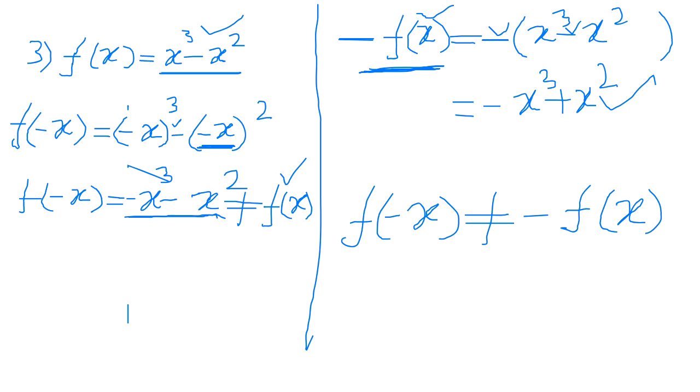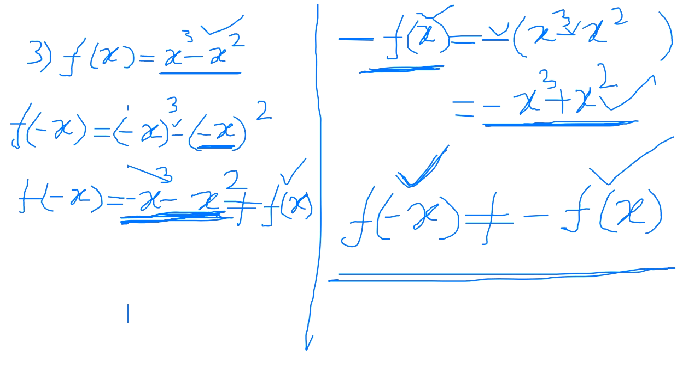See whether this is right or not. Minus f(x) is minus x to the power 3 minus x squared, and f of minus x is minus x to the power 3 plus x squared, right? These are different. This is not the same. So condition 1 and condition 2 fail.